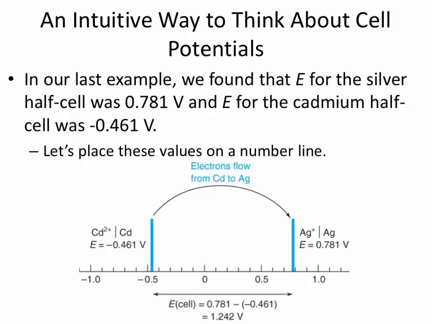And if we look at the difference between those two, we have this value of 1.242 volts. We have an electrical potential difference of 1.242 volts from our cadmium electrode to our silver electrode.